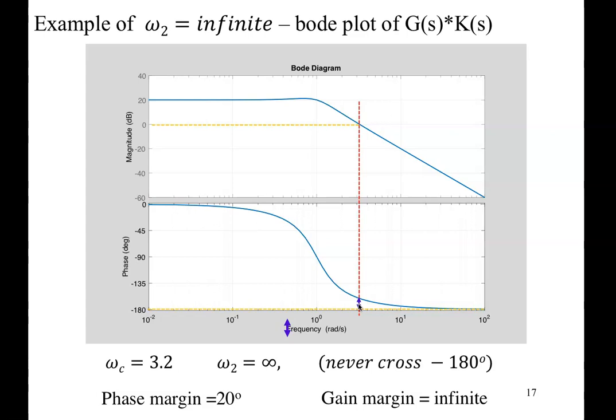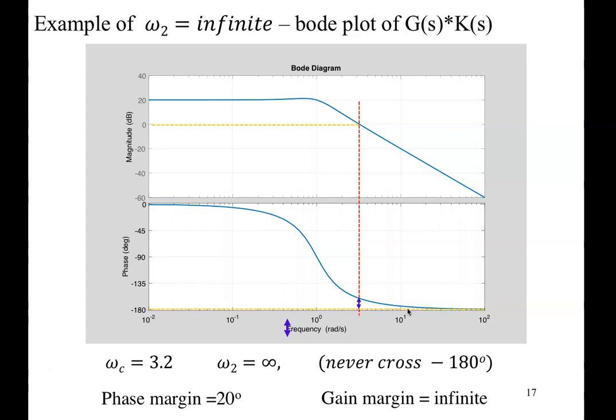It's that distance. Okay, phase margin is the distance it is away from minus 180 degrees. So it's that measurement. I don't have an omega 2, or my omega 2 is infinite. Again, just to emphasize, the gain margin therefore is infinite. So that's how you determine this.